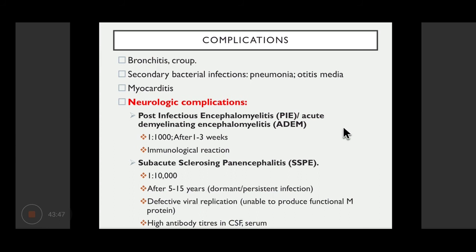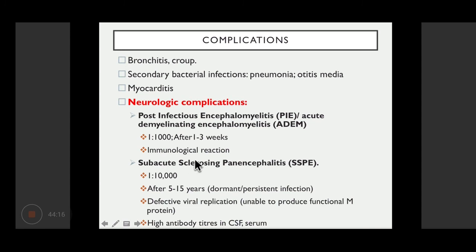So there are two groups of neurological complications. One is known as post-infectious encephalomyelitis, also known as ADEM, or acute disseminated encephalomyelitis. It is seen in one out of 1,000 patients suffering from measles, and it is an immunological reaction.